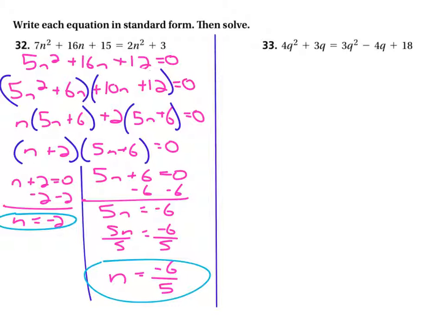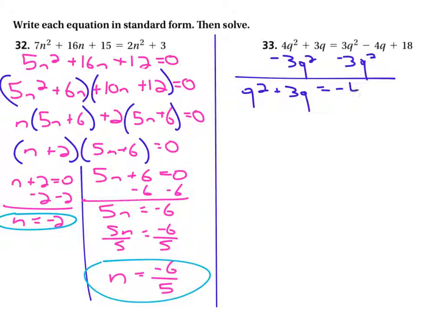All right, one more and we're done. So we need to set this whole thing equal to 0. I would like to have my leading term be positive. So I'm going to subtract 3q squared here, because that way it's going to result in a remaining positive q squared plus 3q equals negative 4q plus 18.